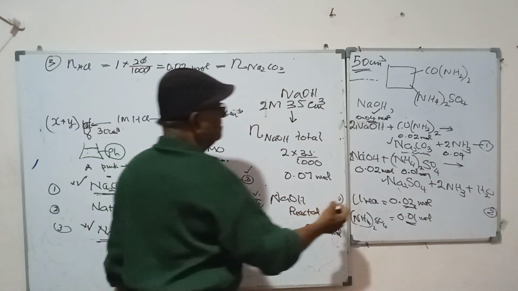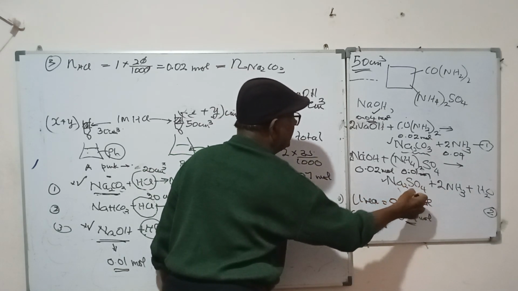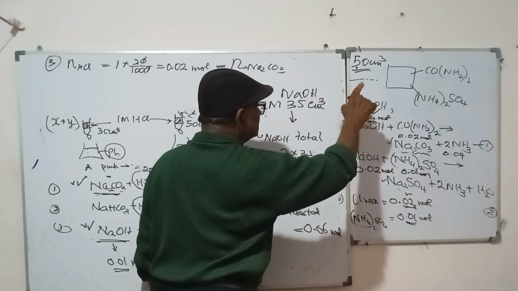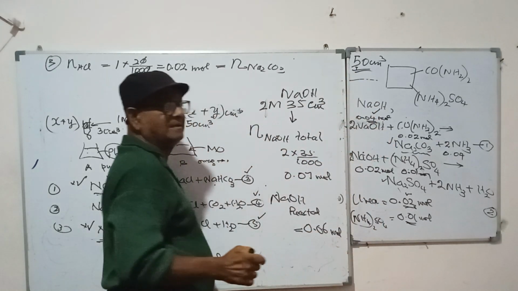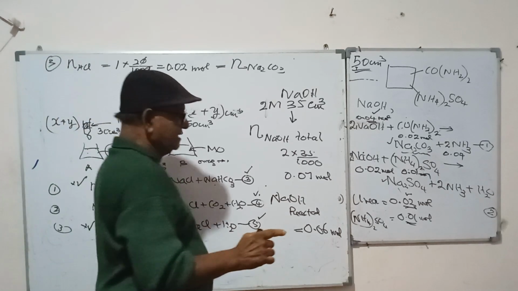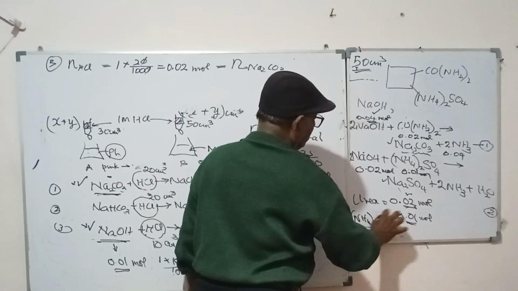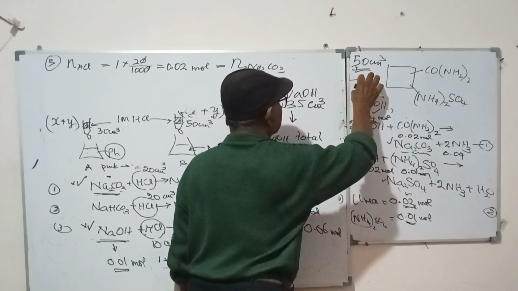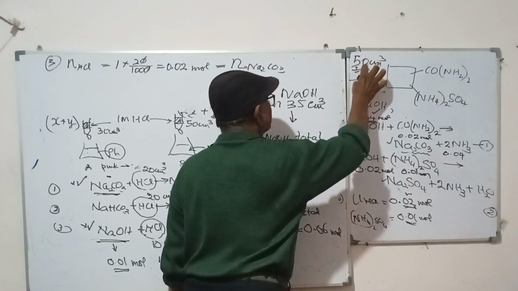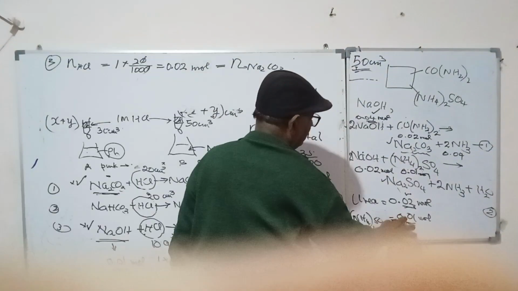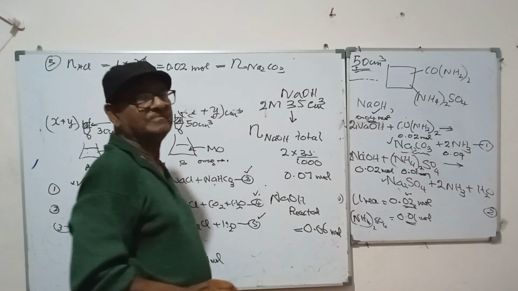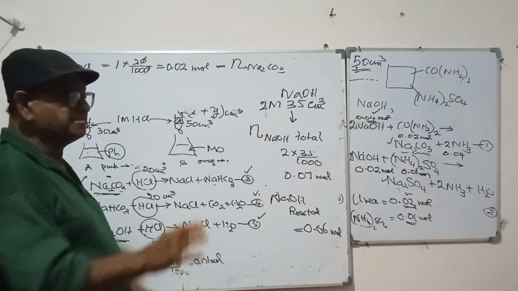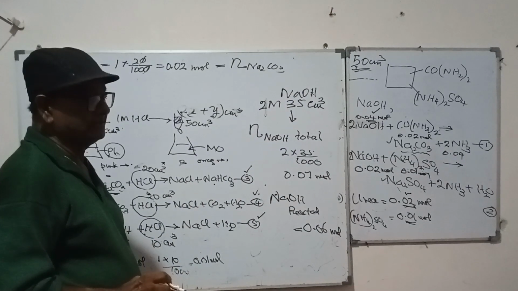If you know the number of moles of urea and the volume, you can calculate the initial concentration of urea. Similarly, with the number of moles of ammonium sulfate 0.01 and total volume 50, you can calculate the concentration of ammonium sulfate also. Right? This part you can do very easily.